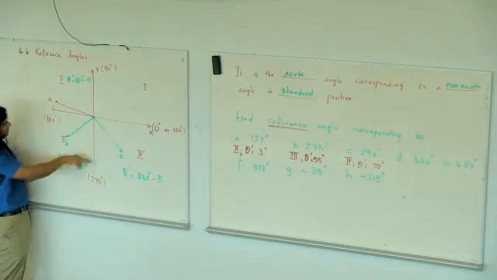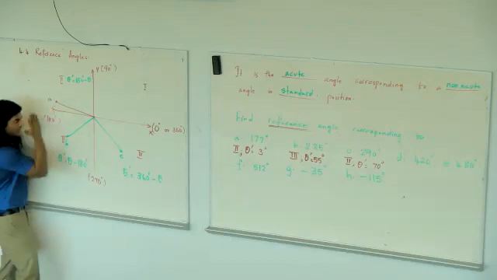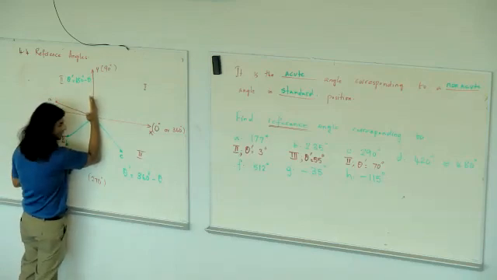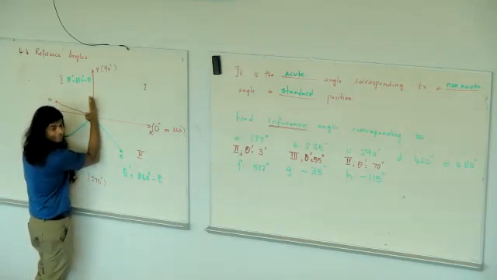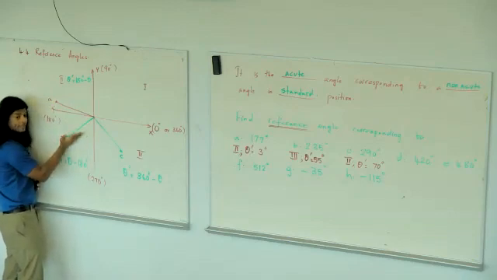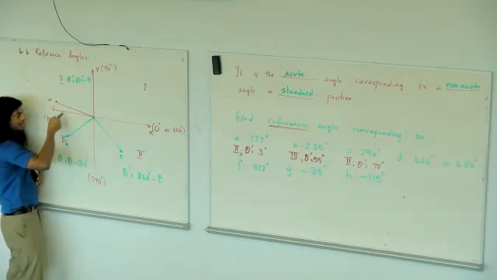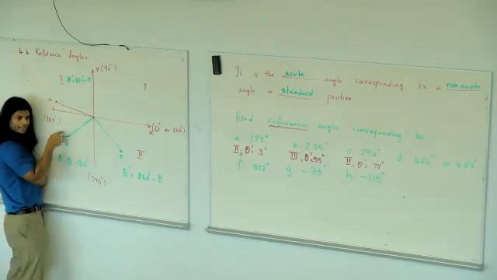You can't look at it from 270. If you were in non-standard position, and you made that the x-axis, then you are looking at it in reference to that axis. But here, that is our x-axis.